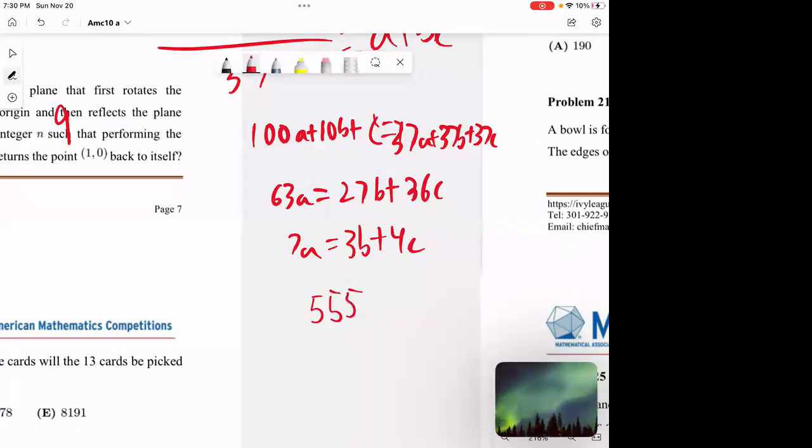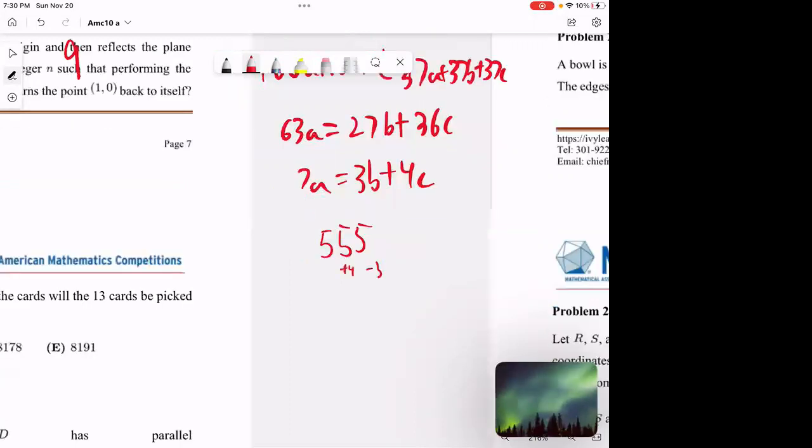If we increase this one by 4 and decrease this one by 3, giving us 5, 9, 2, right? This also works, I believe.